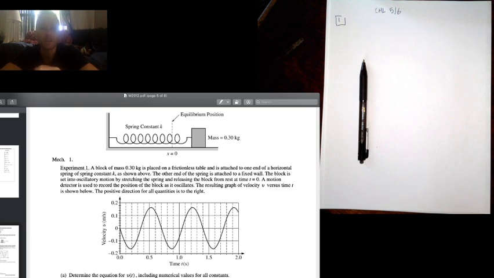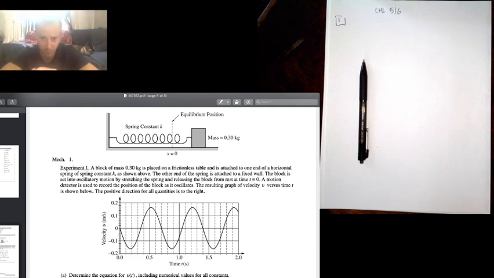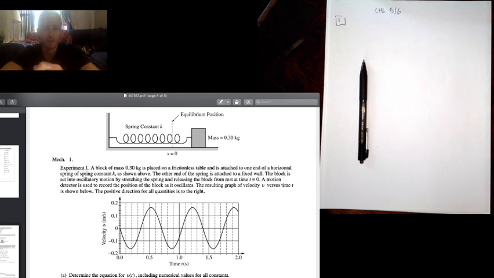The block is set into oscillatory motion by stretching the spring and releasing the block from rest at time t equals 0. A motion detector is used to record the position of the block as it oscillates. The resulting graph of the velocity versus time is shown below. Positive direction for all quantities is to the right.